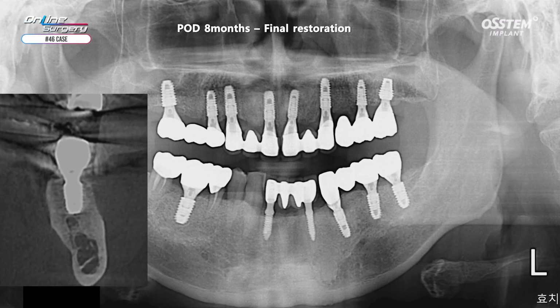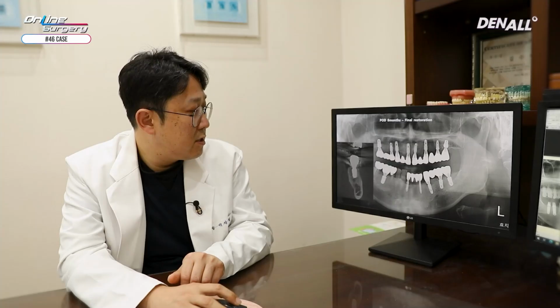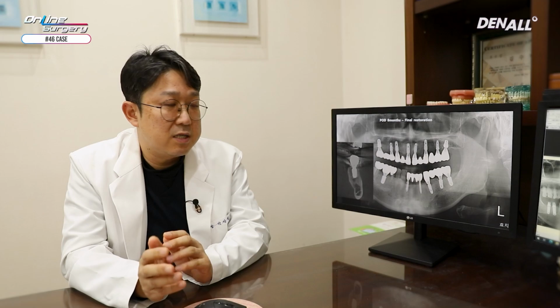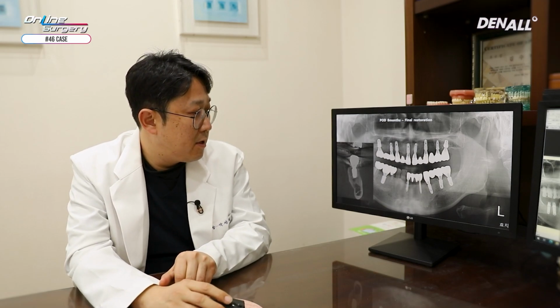Implant position and angle look good. On the CT, above the one exposed thread, the bone has grown. In terms of vertical implant depth, sometimes I have to place an implant deep depending on a given condition.